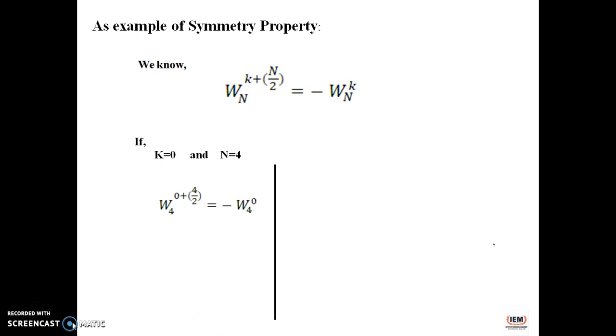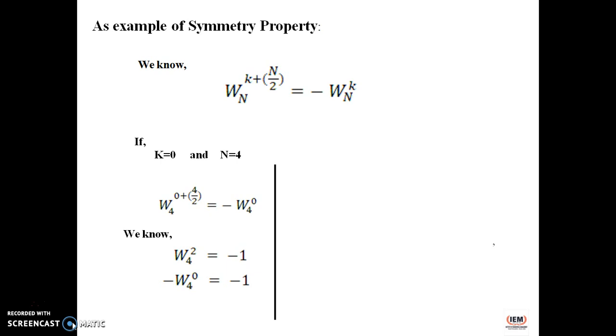W0 plus 4 by 2, 4 similar value with minus W04. So we know that W24 is minus 1, and minus of W04 is minus 1.